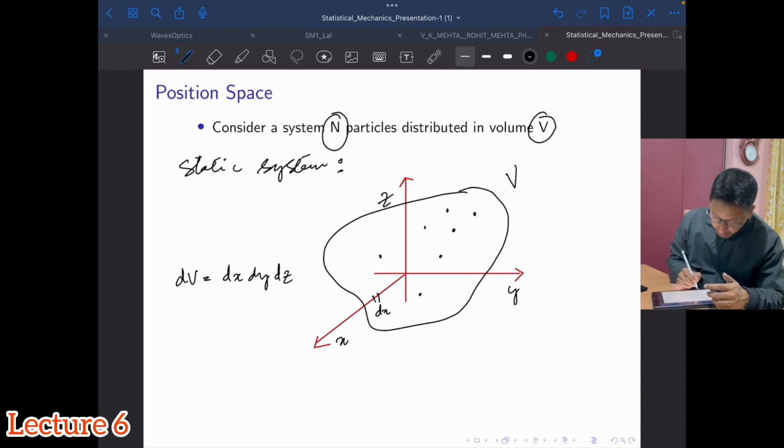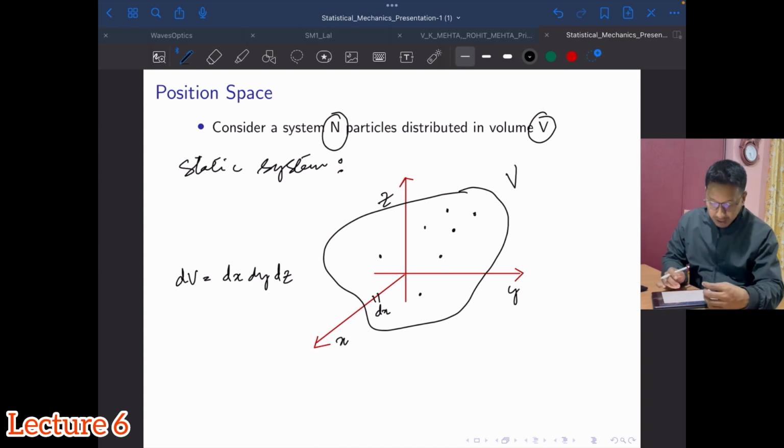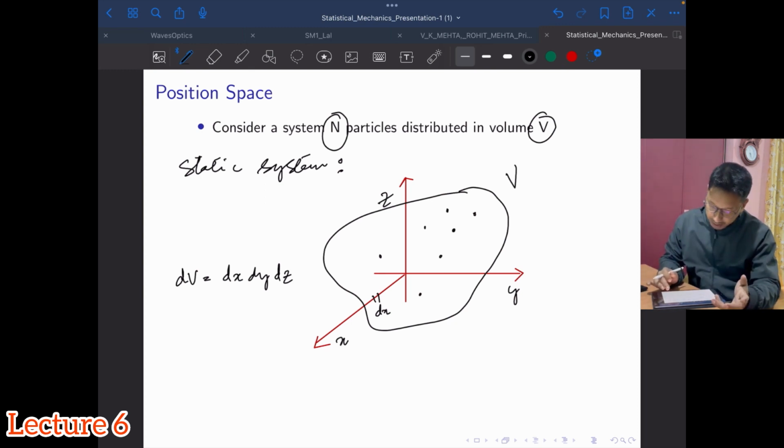So the smallest volume element in position space is dv = dx dy dz. Here each particle is represented using its position coordinates, and this is three-dimensional.